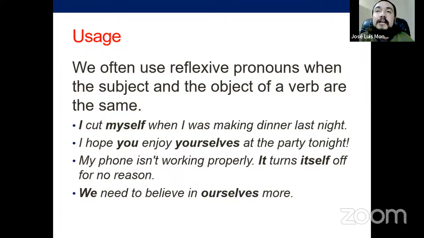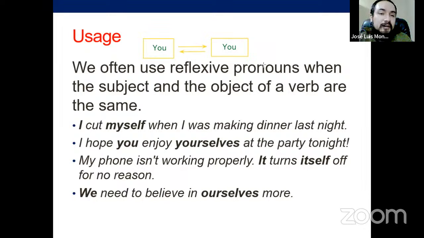To understand this first part, you do the action and you receive the action. So this is you and this is you, right? So you and you interact with yourself. You do the action, you receive the action. This is the logic in the first usage.